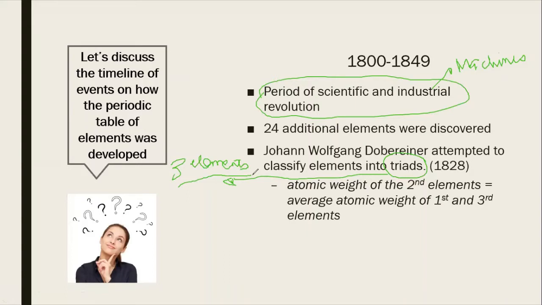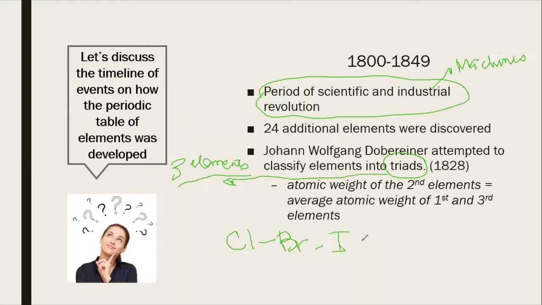So, meron silang characteristic na halos magkapareho. Okay, so they actually belong to the same group. However, kinombine silang tatlo and put as a triad. Okay, so I'm going to give you an example. So we have chlorine, bromine, and iodine. Okay, so ito yung isang example ng triad na ginamit ni Döbereiner.